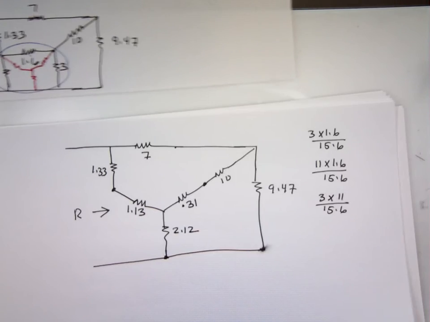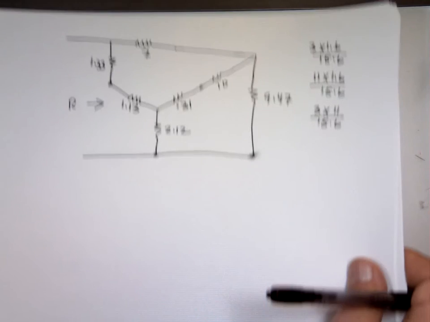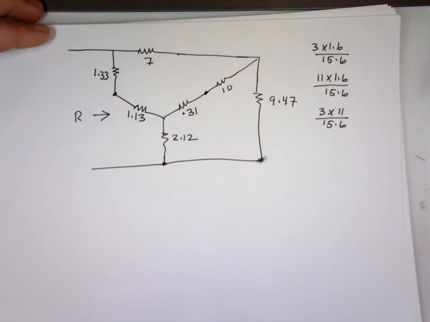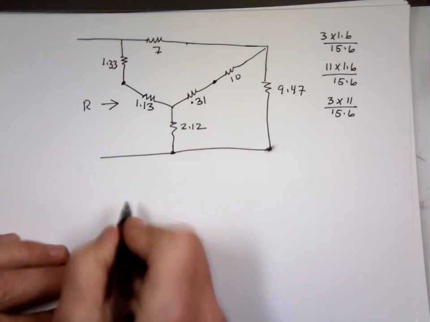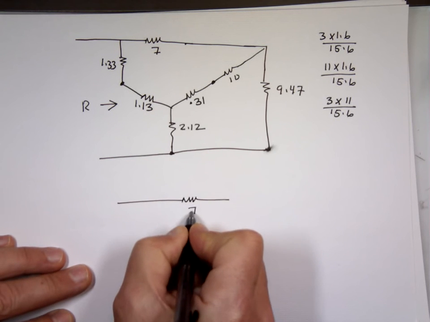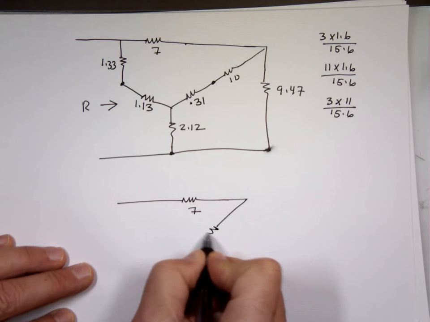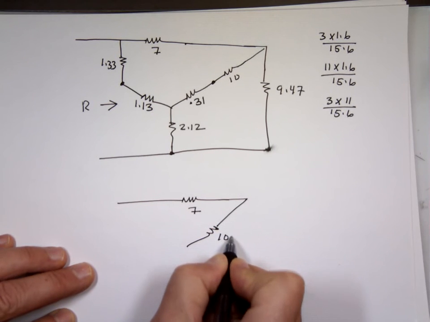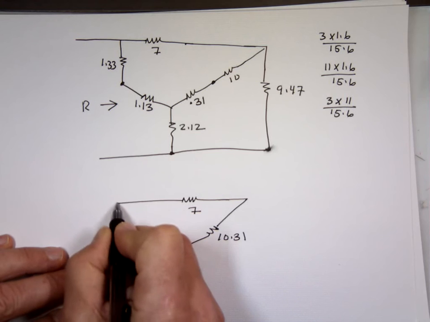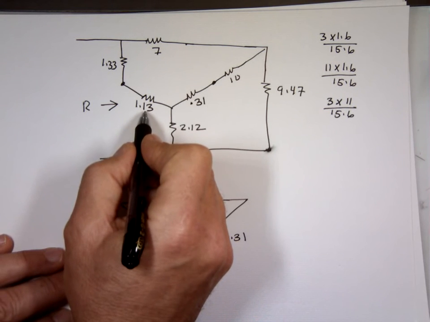If we clean that, we're making progress. Here we go. We have 7 on the top, and we have what? 10.31, 1.33 and 1.13, 2.46 is it?